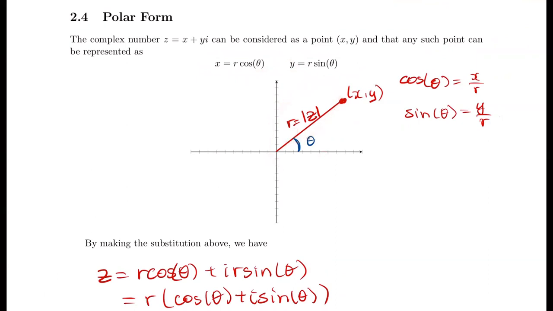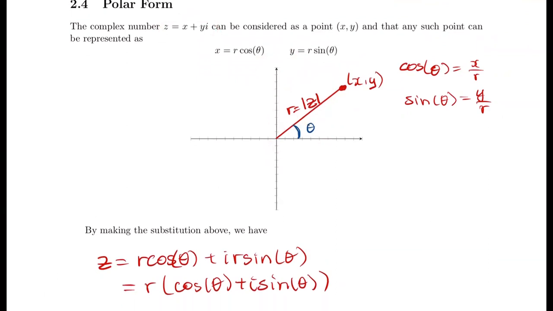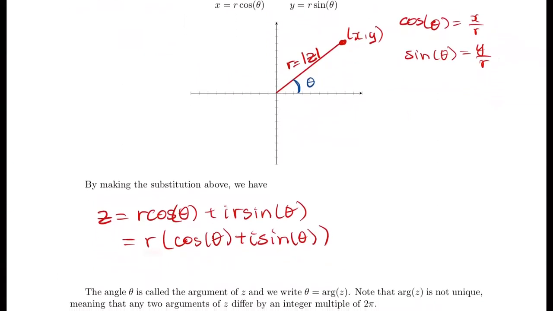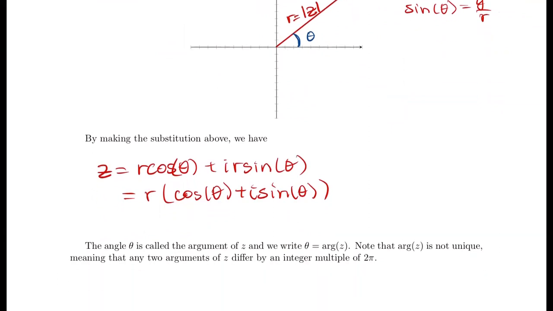We usually have z equal to x plus yi, and we're changing it to the polar form, which is given by r times (cos theta plus i sine theta). The angle theta here is usually called the argument of z, and we write theta is equal to arg z. Note that arg z is not unique, meaning any two arguments of z differ by an integer multiple of 2 pi, right?